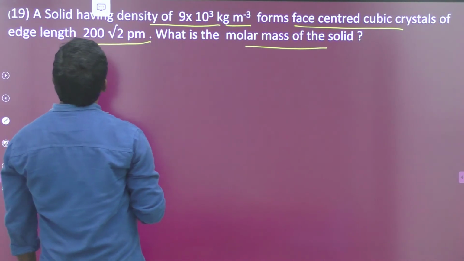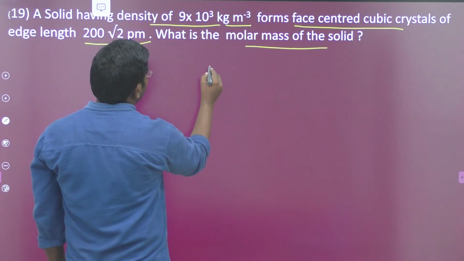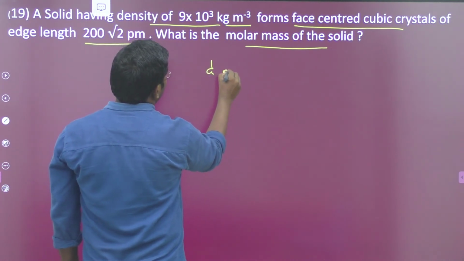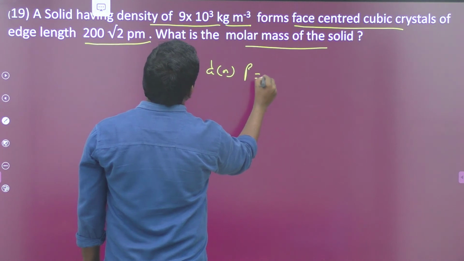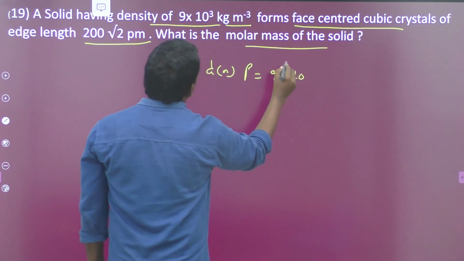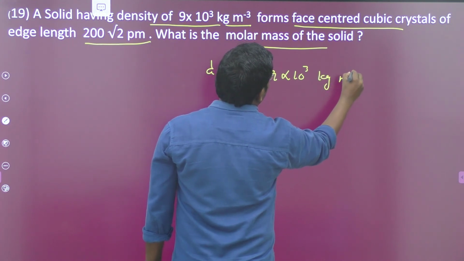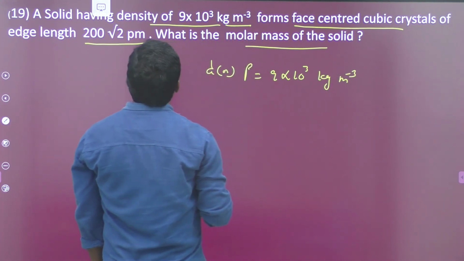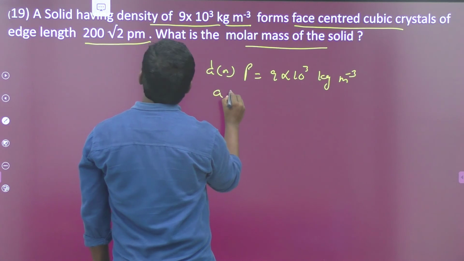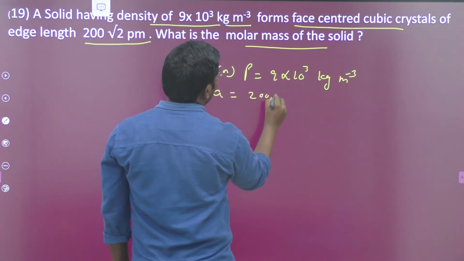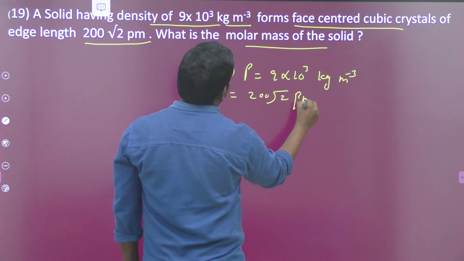What values are given? For the given solid, density D or rho is equal to 9 into 10 cube kilogram per meter cube. Edge length A is equal to 200 into root 2 picometers.